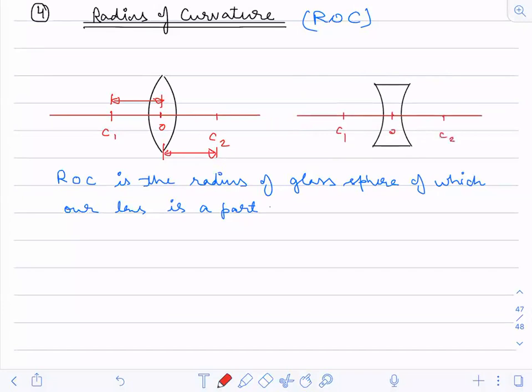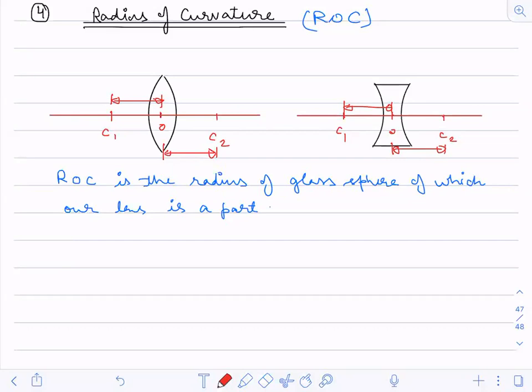This is center of curvature 2. This is radius of curvature and this is radius of curvature. So the distance is measured from the optical center. Each and every distance is measured from the optical center.